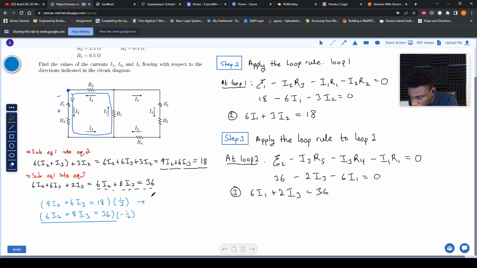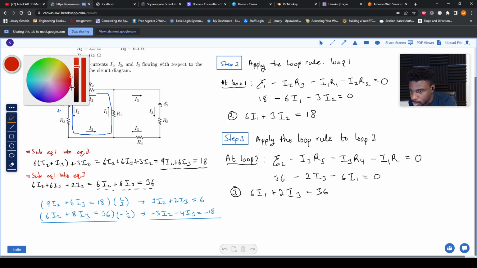So let's go ahead and do the multiplication. This first line here, what's that become? 3I2 plus 2I3 equals 6. The second one is negative 3I2, negative 4I3, negative 18. Okay, so let's add everything up here.